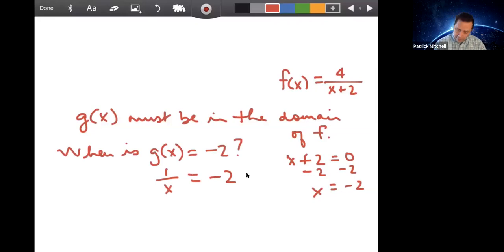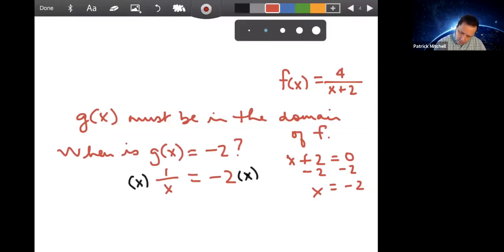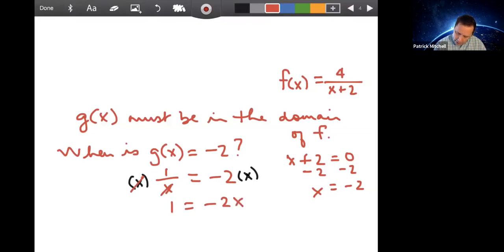So now I'll solve this equation by first multiplying x on both sides, which gives me 1 equals negative 2x. And then if I divide both sides by negative 2, I get x equals negative 1/2. So there are two numbers that you have to leave out of the domain of this function.